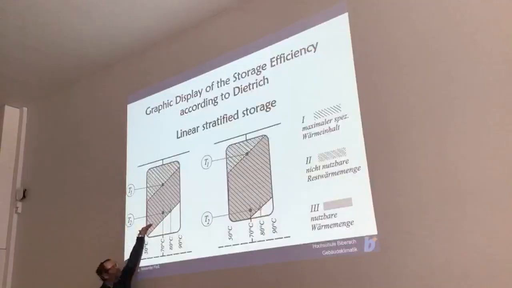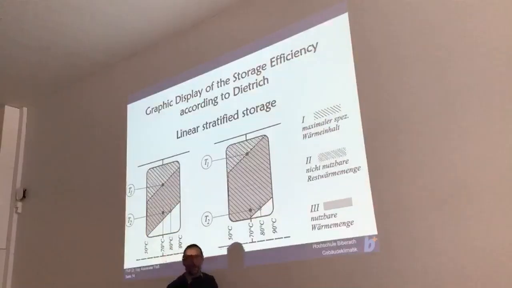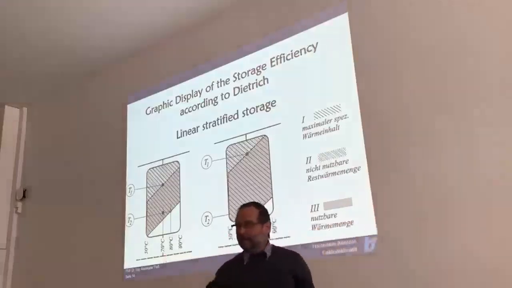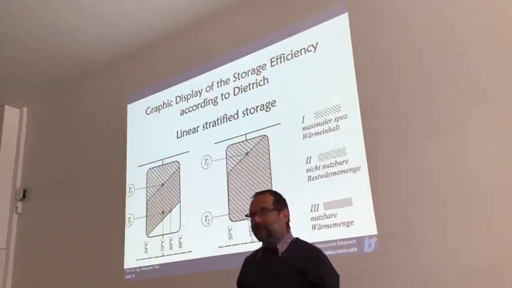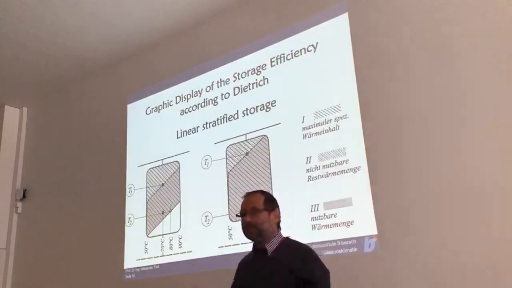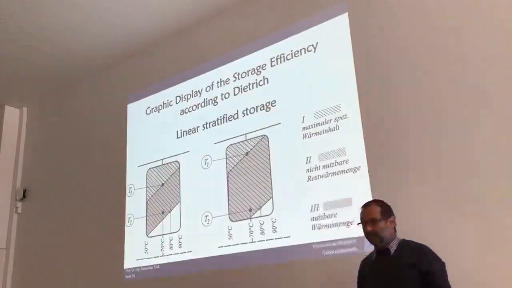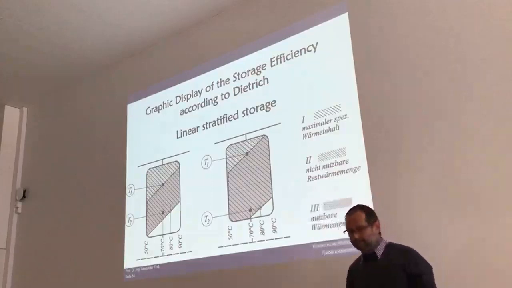If the sensor is set to 80 degrees, it stops here. If the sensor is set to 90 degrees, the charging is done up to here. So in the case of a linear stratified storage tank, the positioning of the sensors and the setting of the switch on and off points have an influence on the real storage capacity of the storage tank.